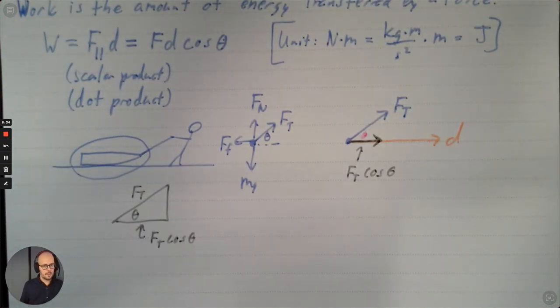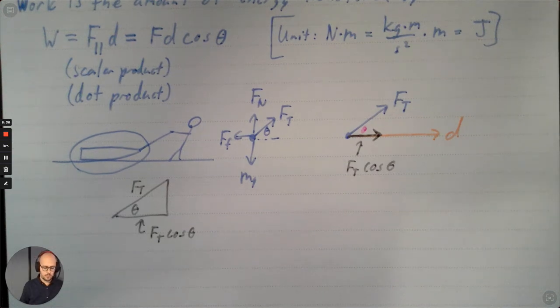We'll go into some examples in another video, but there's one more topic about work that is of importance to us because we do talk about variable forces in this unit and this course.